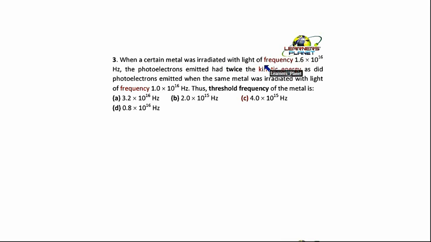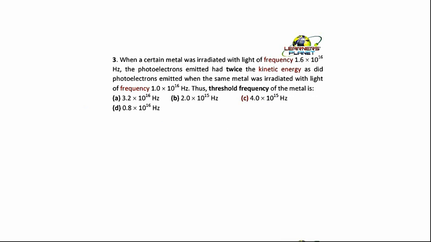When a certain metal was irradiated with light of frequency 1.6 into 10 to the power 16 Hertz, the photoelectrons emitted had twice the kinetic energy as did photoelectrons emitted when the same metal was irradiated with light of frequency 1 into 10 to the power 16 Hertz.